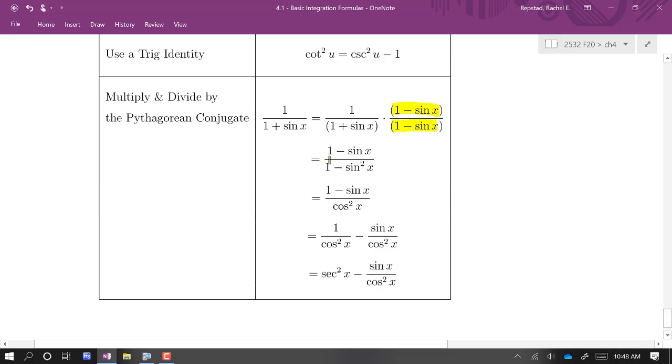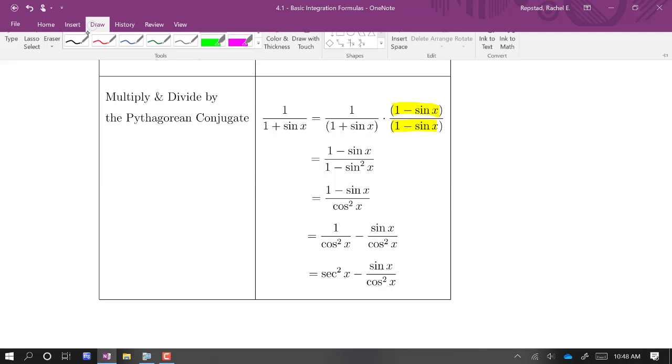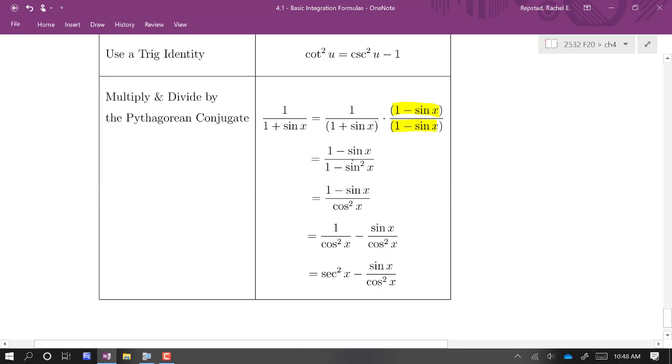And when you do the algebra, it gives you a path to keep rewriting it. So here was just some algebra, multiplying it out to get the next fraction. From here to here, that's Pythagoras. And then you could see they split up the fraction over the subtraction that happens up top.